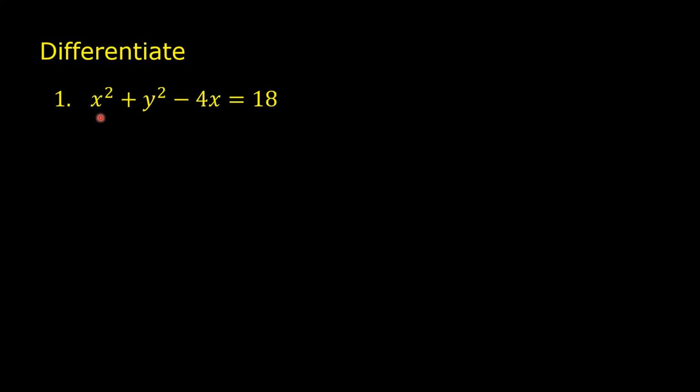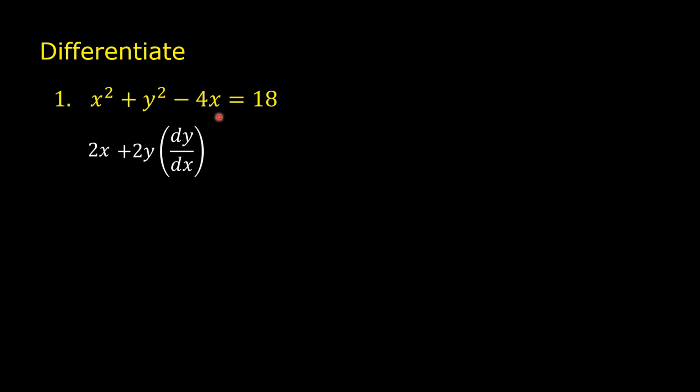The derivative of x squared using the power rule is equal to 2x. We can also use the power rule for y squared, but we have to multiply the derivative of y squared by dy/dx. So this is the plus 2y times the dy/dx.